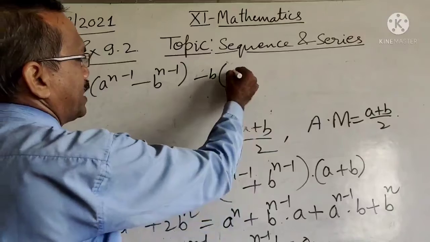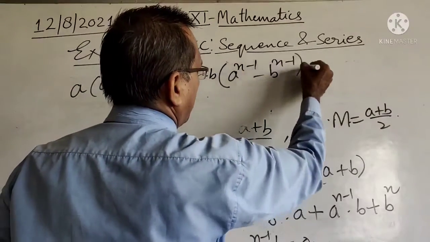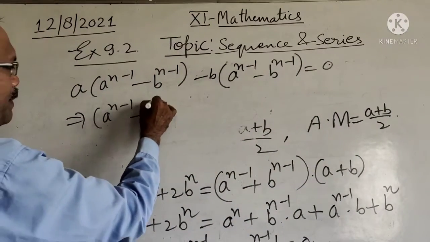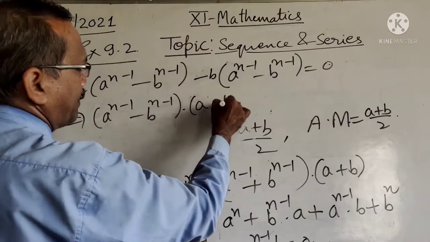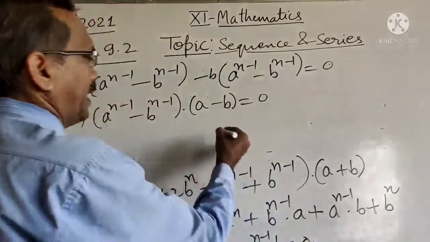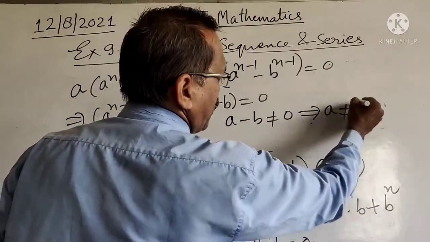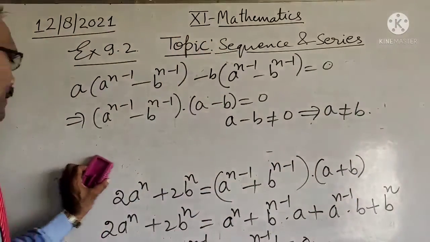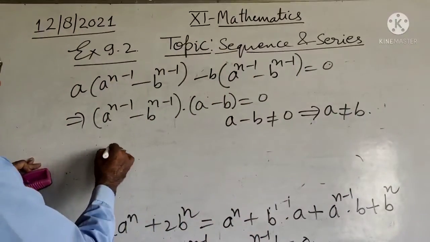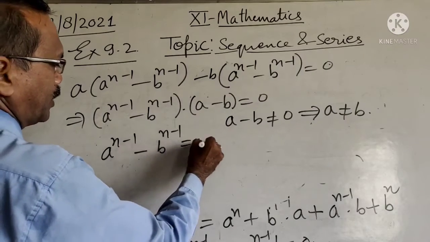Then from this we will get a power n minus 1 minus b power n minus 1 equal to 0. Then (a power n minus 1 minus b power n minus 1) into (a minus b) equal to 0. Since a minus b cannot be 0 because a is not equal to b, therefore we will get a power n minus 1 minus b power n minus 1 equal to 0.